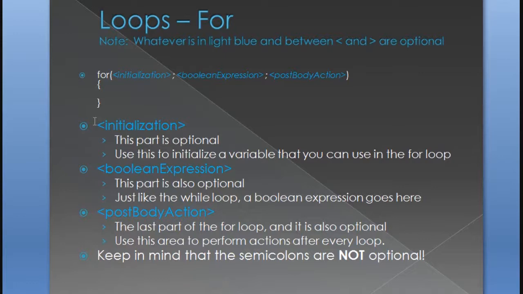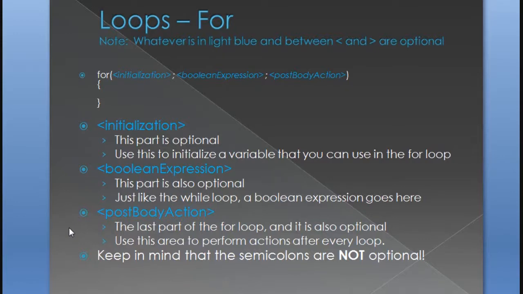So let's go back and look at down here. Initialization. This part is optional, and we use this to initialize a variable that you can use in the for loop. So we have another locally declared variable. The Boolean expression, this is like the while section inside the while loop. This part is also optional, and just like the while loop, a Boolean expression goes here. Post body action, this is something different in the for loop than you will see in the while loop.